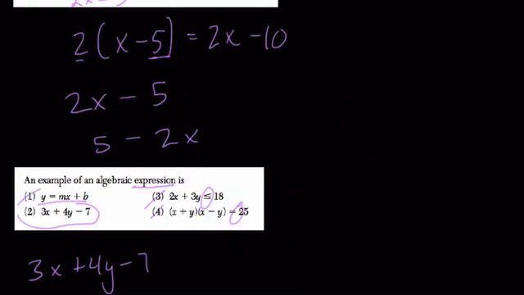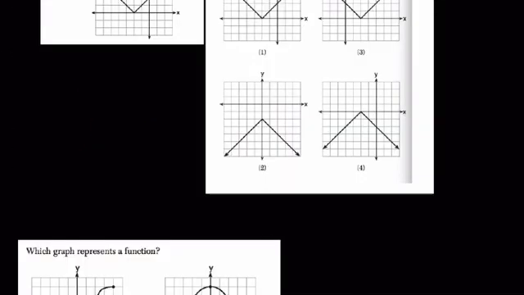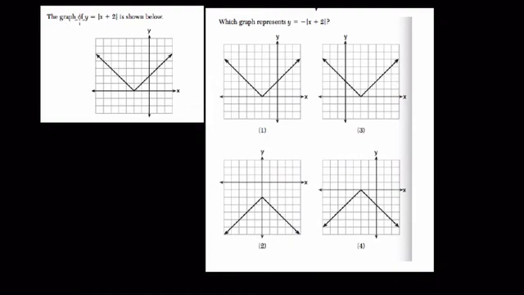Okay, let's finish this up. All right, the graph of the absolute value, so y equals absolute value of x plus 2, is shown here. Which graph represents the opposite of the absolute value of x plus 2? Well, let's just plug in some x values to get a sense of what's going on here. So x will be, let's do -4, let's do 0 and 4.